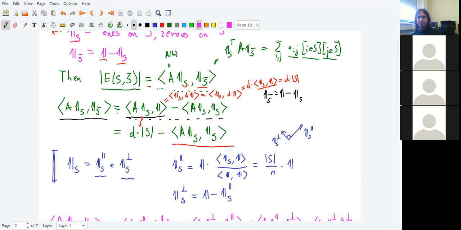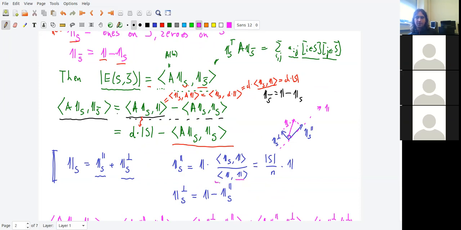So here is the direction of the vector of all ones, and here was 1 on S. Then 1 on S parallel should be just the projection onto the direction of all ones.